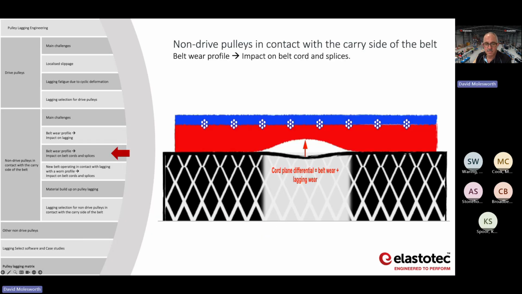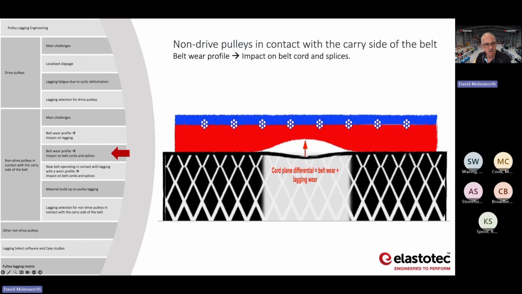So I just want to explain chord plane differential. This is what we say is the distance between the bottom of the wear in the belt and the bottom of the wear in the pulley lagging.